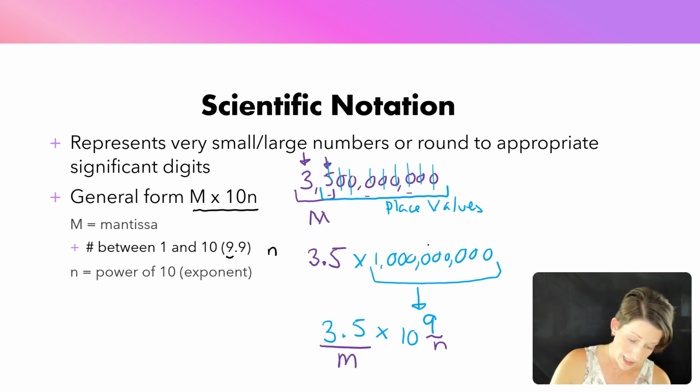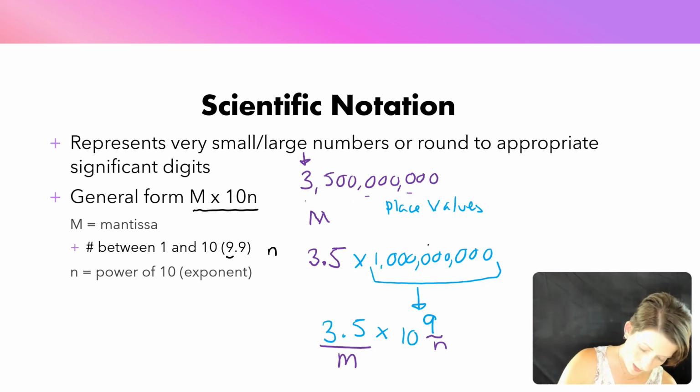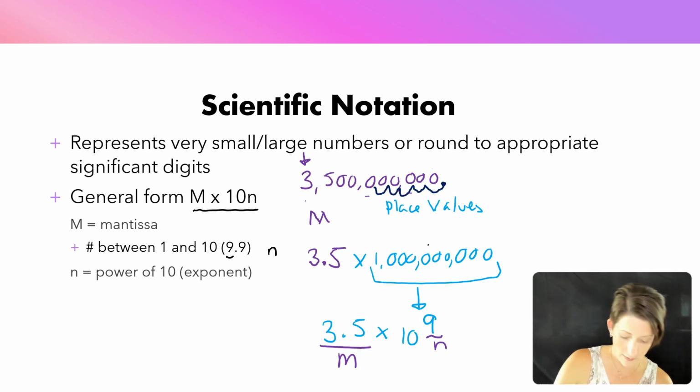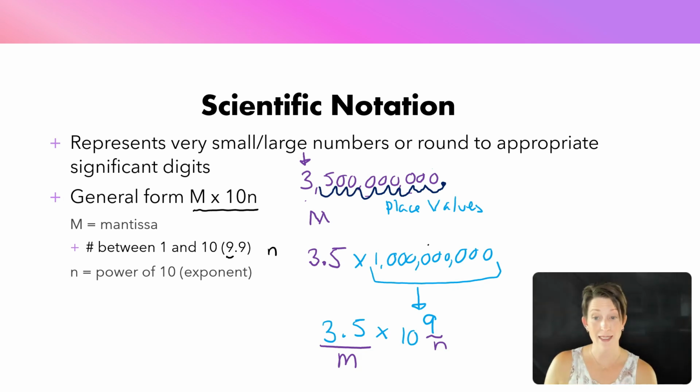The other way you could look at this is how many times I'm going to move that decimal. So if I have my decimal place 1, 2, 3, 4, 5, 6, 7, 8, 9. It is the same thing. So what I've done there is break it down to show you how the mantissa is represented, and where the place values for 10 to the 9 came from that you also saw during the metric units.